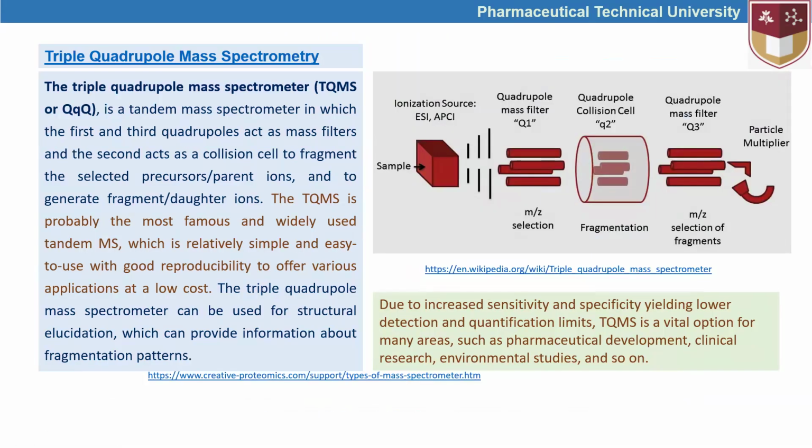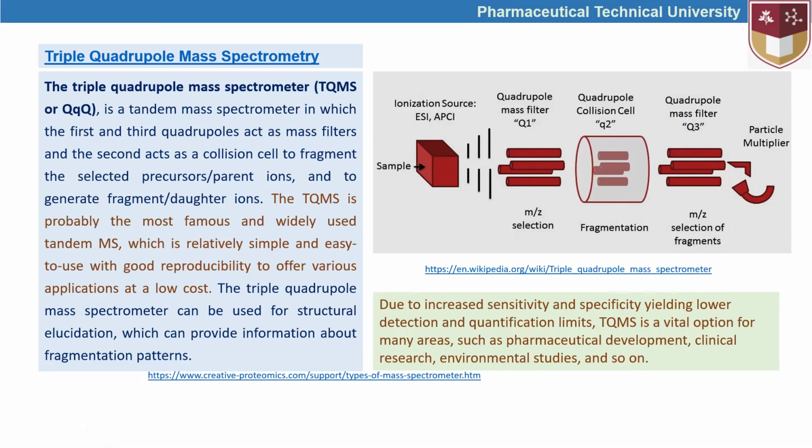Okay, the next one is triple quadrupole mass spectrometry. Here we can see three consecutive quadrupoles, which gives the name triple quadrupole.